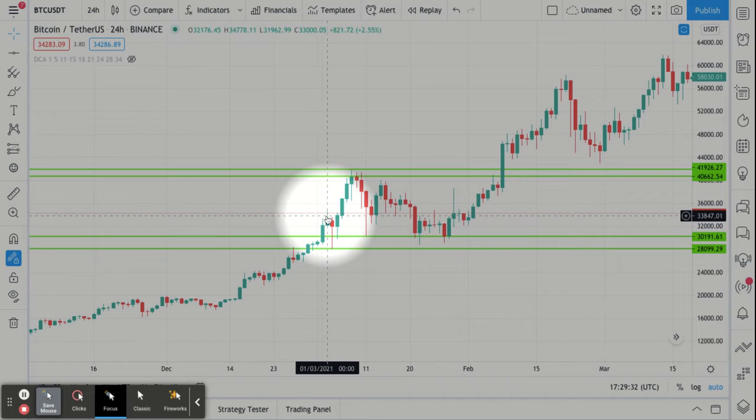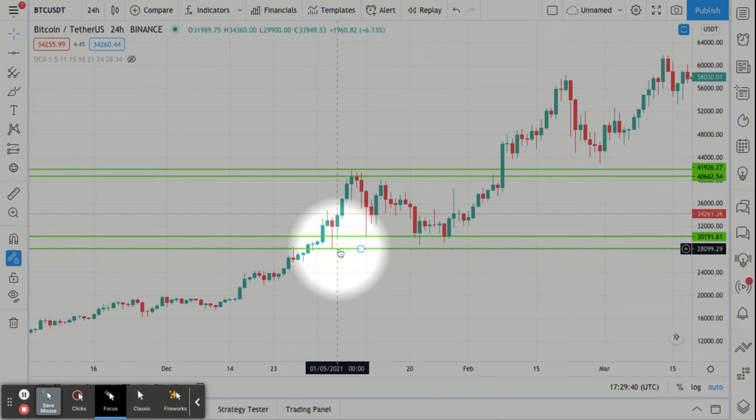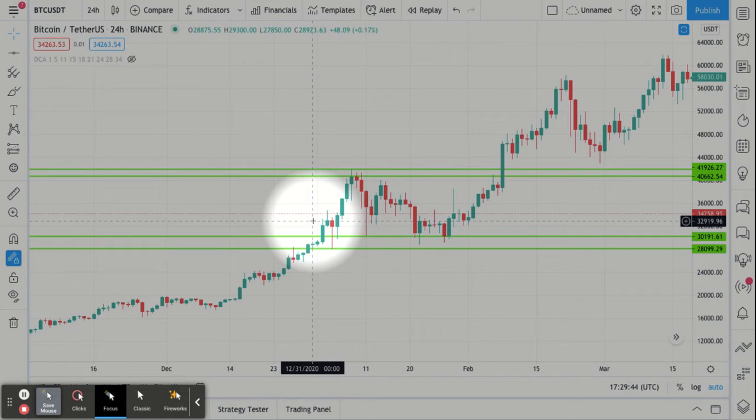Right here, on January 4th, people started taking profit, and that candle went all the way down. It opened at about 33,000, so people said, oh, that's a good time to take profit. I'm in profit.